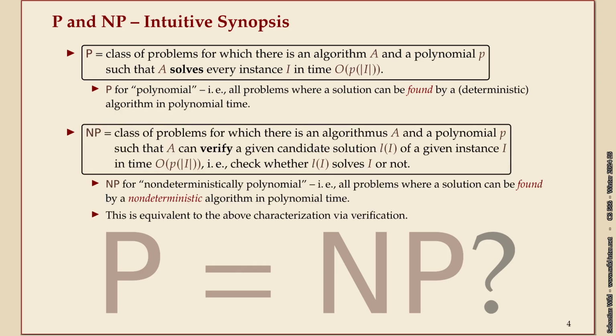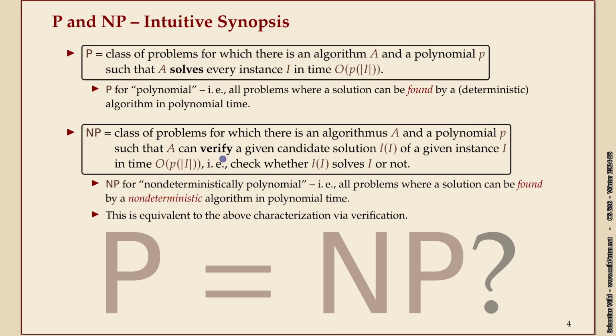And NP is the class where the name is not as intuitive. It's the class of problems for which we can, in polynomial time, verify a candidate solution for an instance. Then in polynomial time, we can check whether it's a correct solution for this instance. So we don't check that it's an optimal solution.